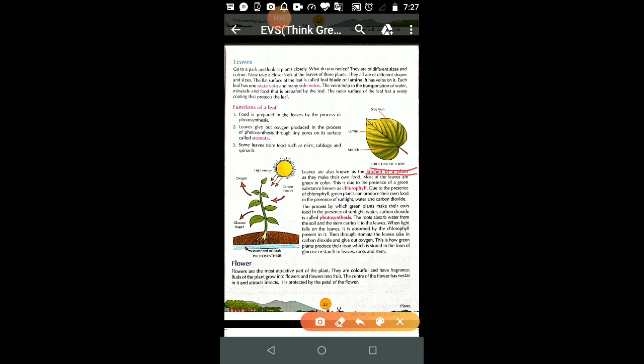Now student, look carefully at the leaf. Do you know these lines on the leaf are called veins?